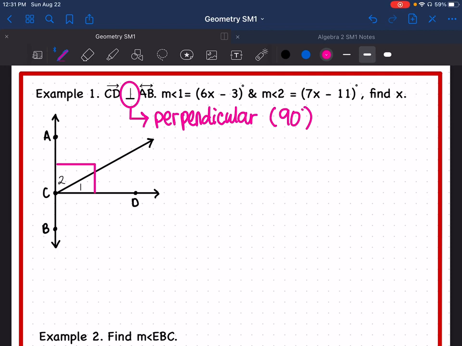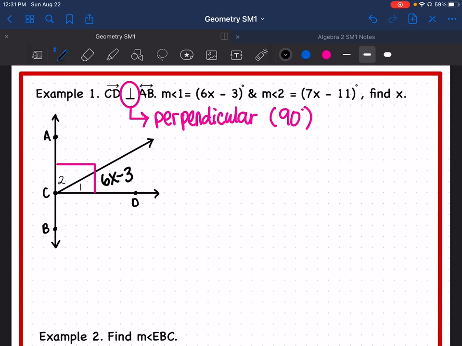There we go. So I can put the 90 degrees right there. The measure of angle 1 is 6x minus 3 degrees. I can go ahead and drop the parentheses. They're just telling me that when I substitute back in, or if I'm asked to substitute back in, I have to put the x in and multiply by 6 and then subtract 3.